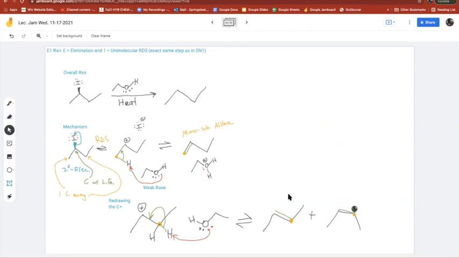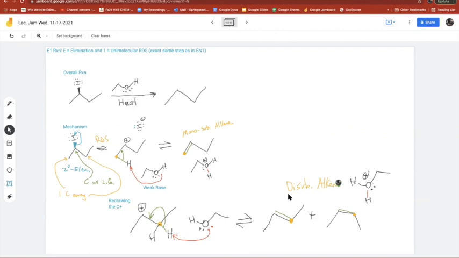You're probably asking, wait, how did that happen? I'll explain how. So first, let's talk about these two. Both are di-substituted alkenes.